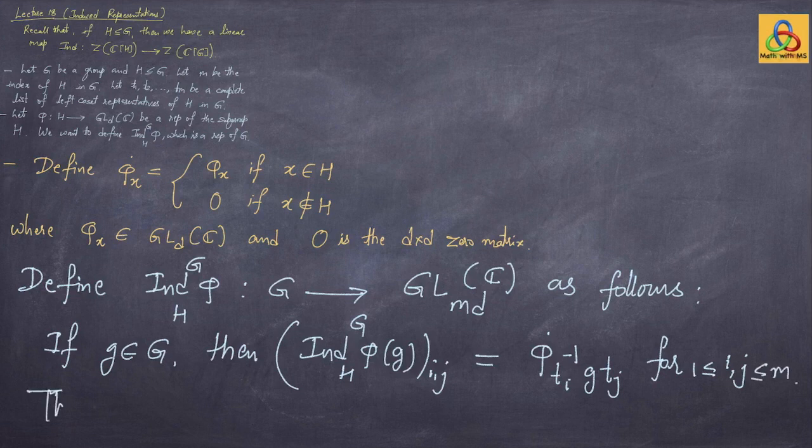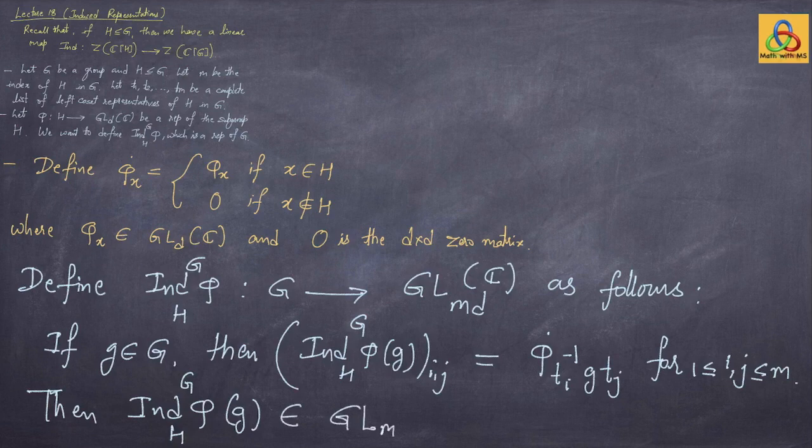Then one can check that induction of phi from H to G acting on this group element g is in fact an element of GL_{md}(C). So this check I am going to leave, that this definition gives you an invertible matrix. So let's write the complete matrix.